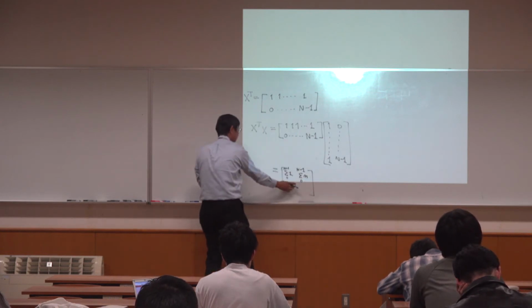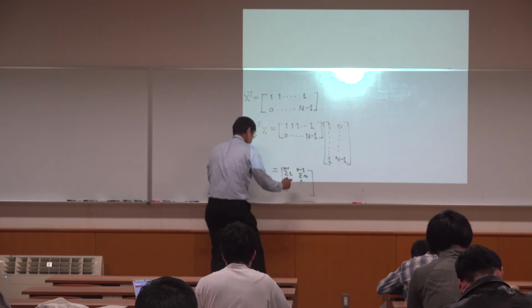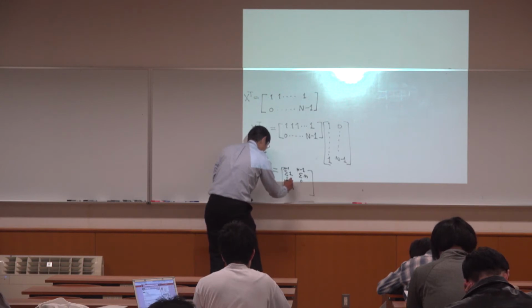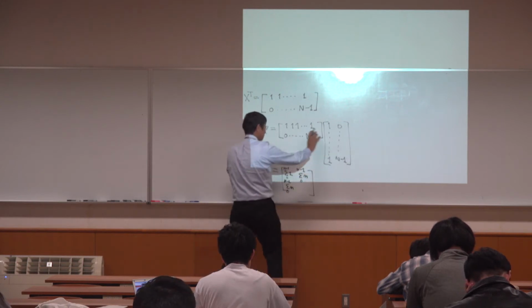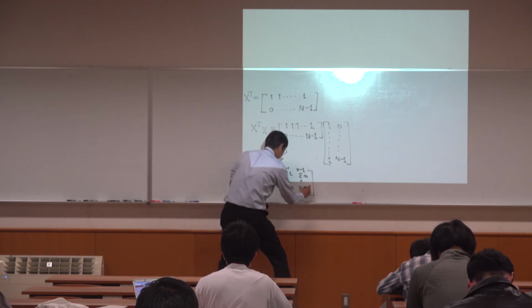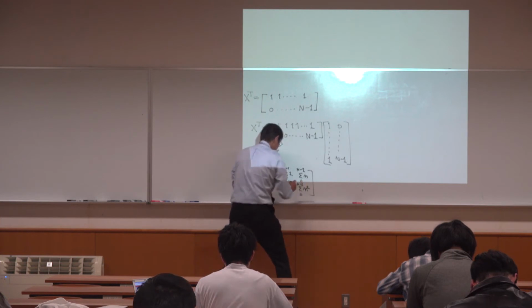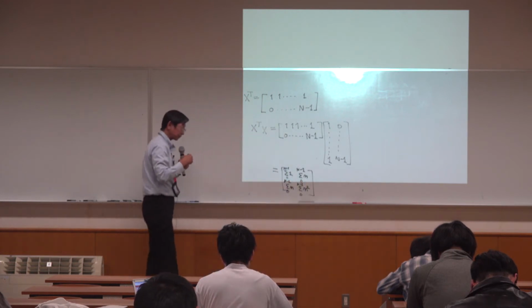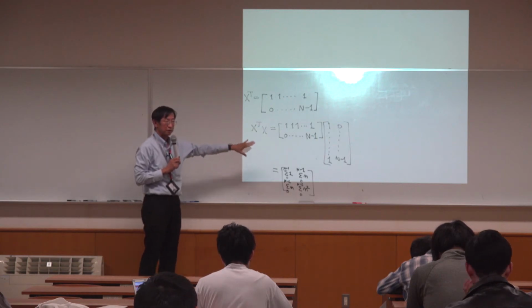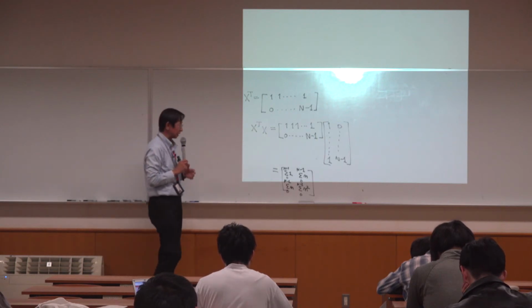And this element is the same number, the summation of n from 0 to n minus 1. And this is the squares, n square, from 0 to n minus 1. Okay, this is what you see as matrix A in the previous slide.